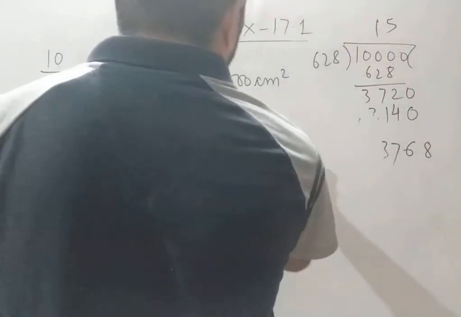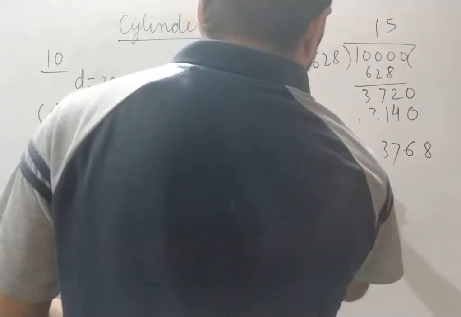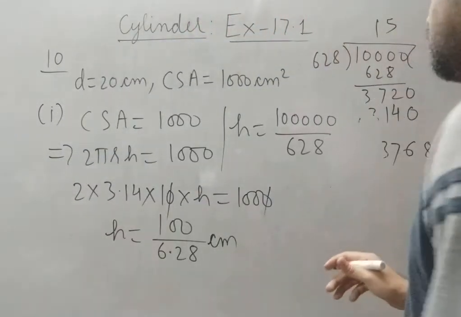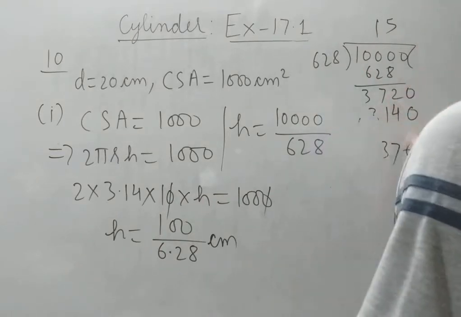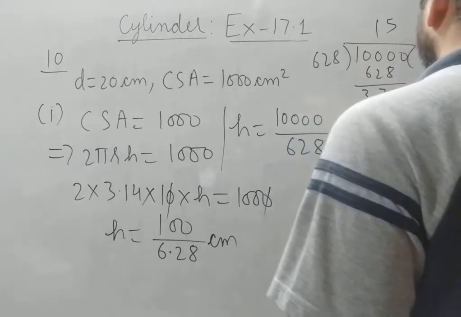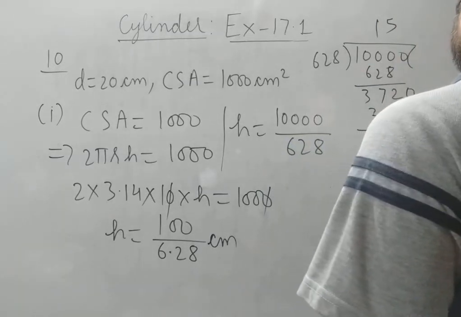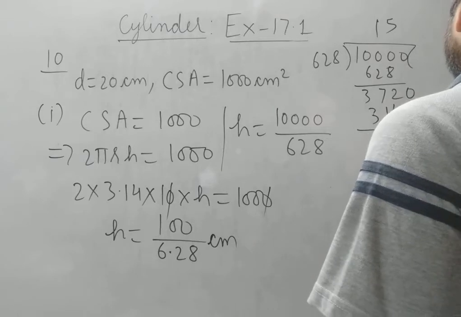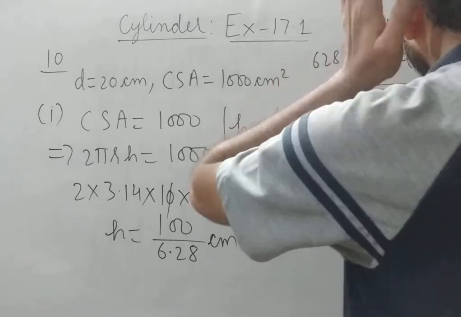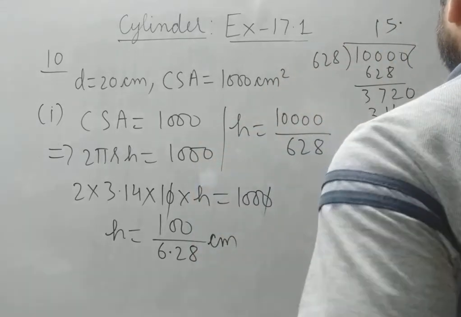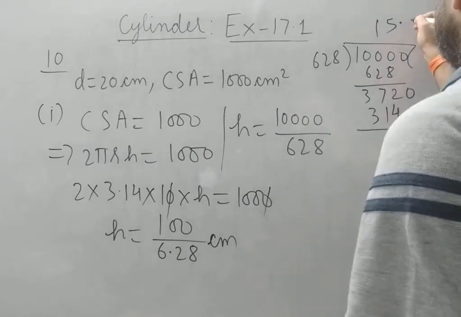Here h will be upon 6 to 8. Correct? So this will be from 5. That will be, this is now decimal, and this will be 9 times, I think.